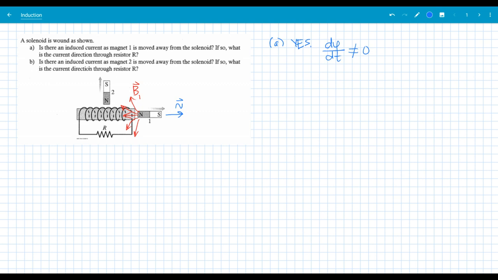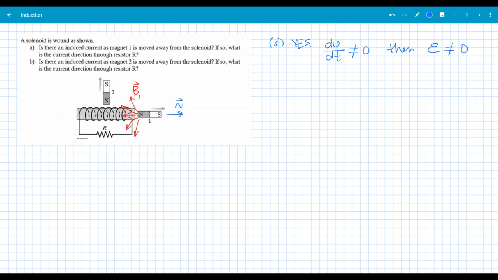It's going to be decreasing. The field that permeates the solenoid will decrease as the magnet gets farther away. As long as I have a changing flux, I have a non-zero EMF generated. That's what Faraday's law tells me.